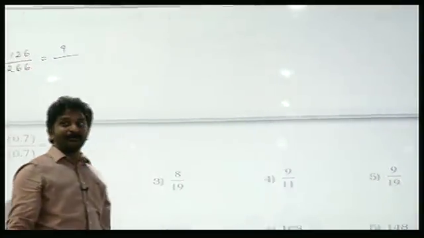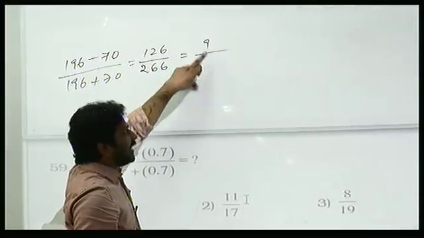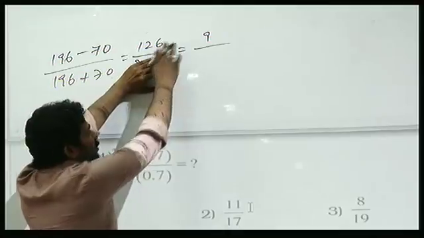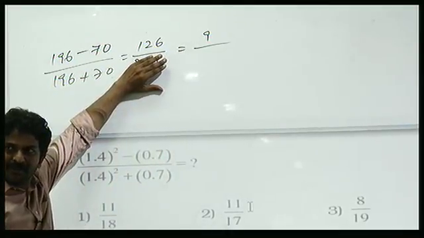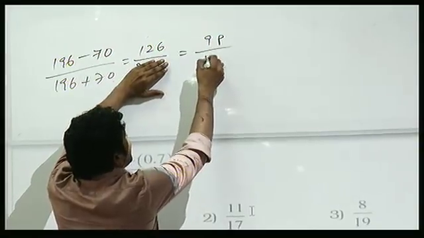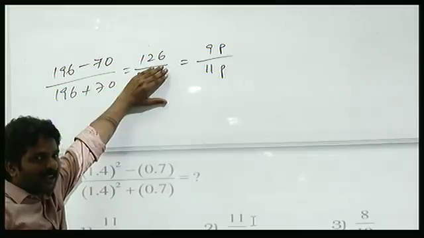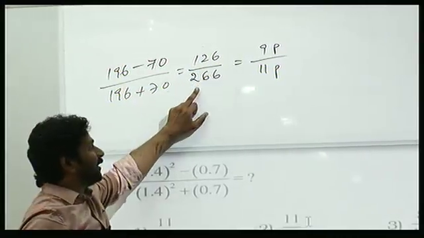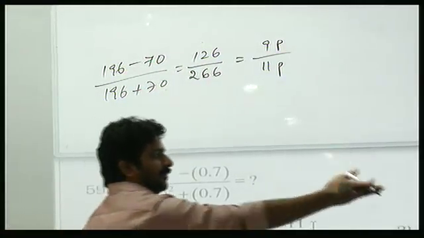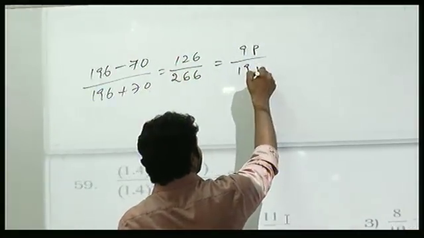If numerator is 9 parts, if 126 is 9 parts, 11 parts should be very close to 126. Yes or no? If 126 is equal to 9 parts, 11 parts should be somewhere around 130 or 140 or 150. Yes or no? Can it be 266? Fourth option cannot be your answer. Last option, final answer.